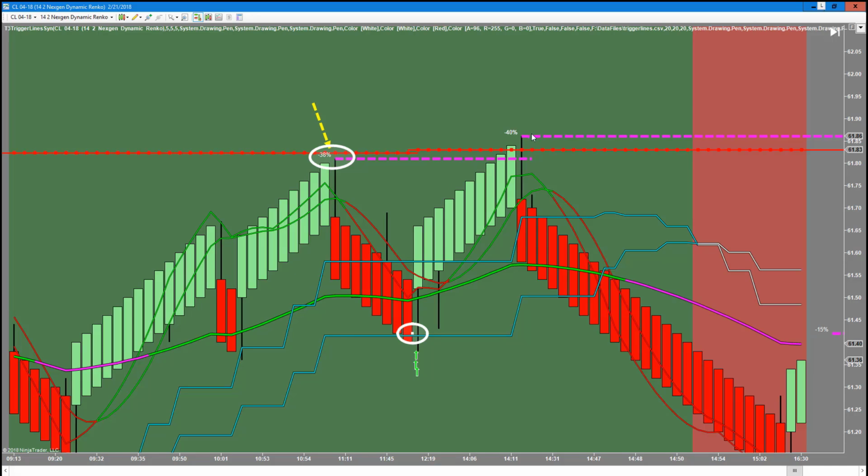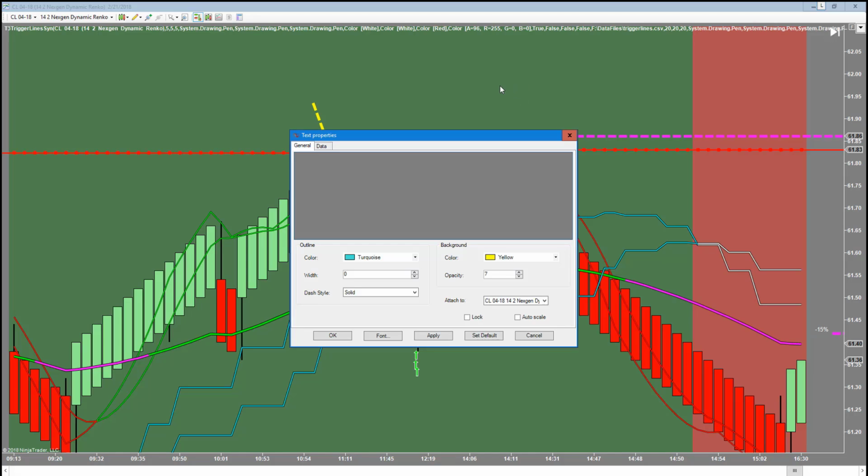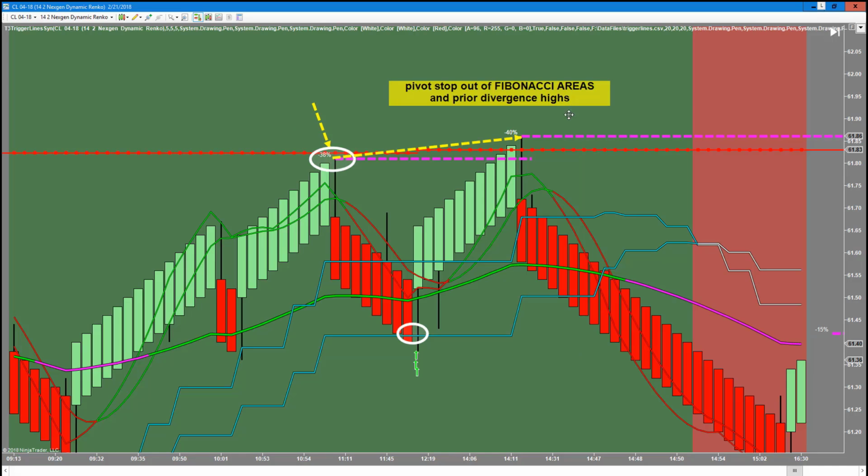Now, once we reach a key area, and you'll see we've had a prior divergence and none of our trigger lines have broken through, now we can incorporate that same thought process on a pivot stop out. So we have a pivot stop out of Fibonacci areas, right? And prior divergence highs as marked by the magenta dotted line going sideways.